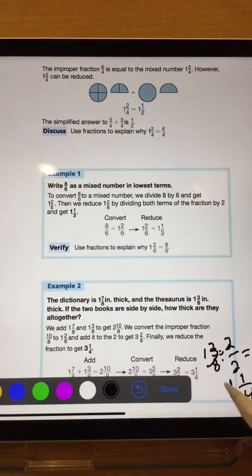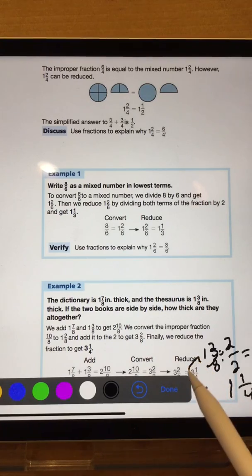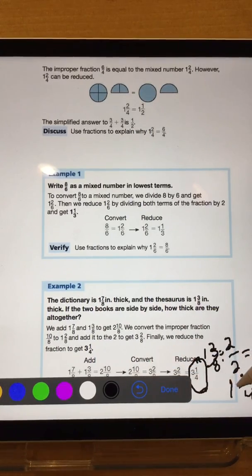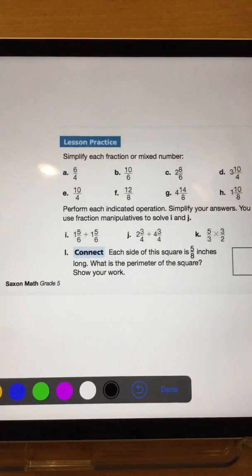Plus 2 equals, that's going off the screen, 3 1/4. Correct? So when you have the mixed number, you need to make sure that you're adding the whole numbers with your fraction.